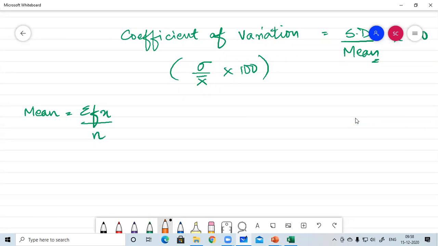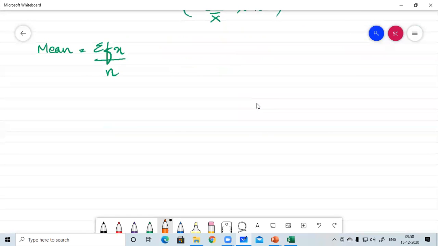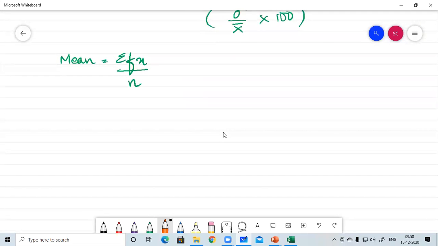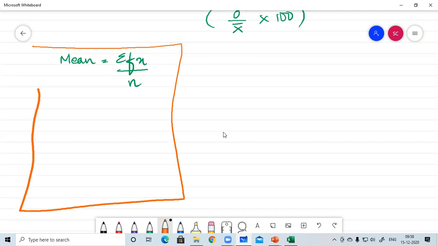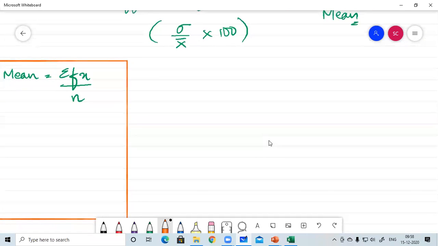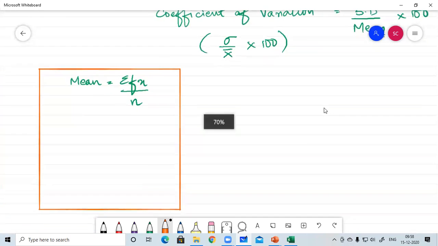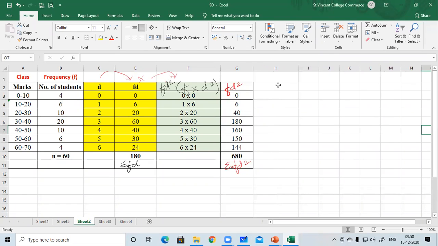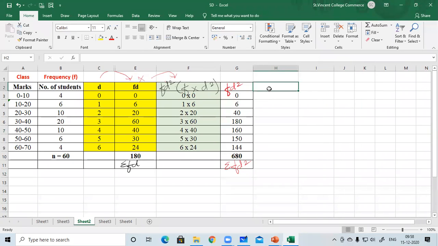So you will have to find sigma fx upon n for mean. Now how do you do sigma fx? First and foremost, you require x. You require to find out x.